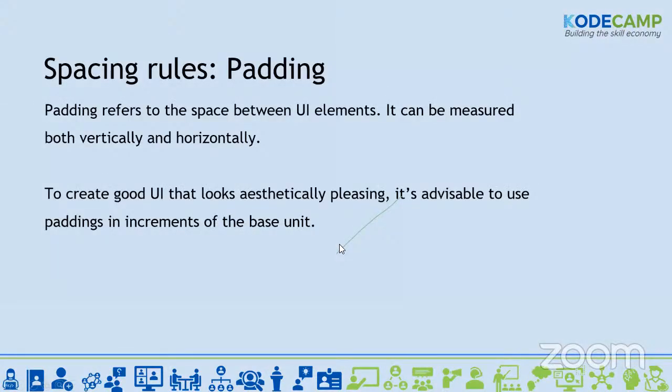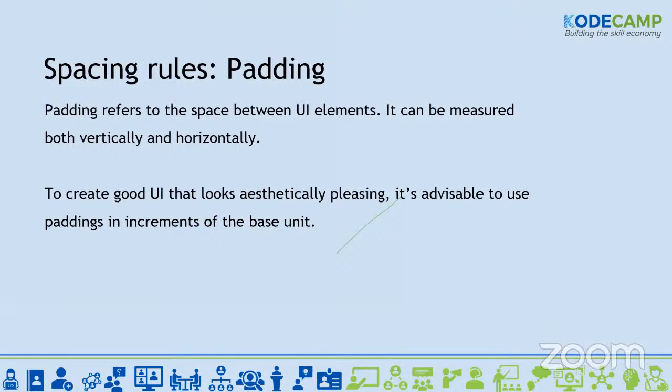Another spacing rule that you have to take note of is what we call padding. So padding refers to the space between UI elements, and it can be measured both vertically and horizontally.